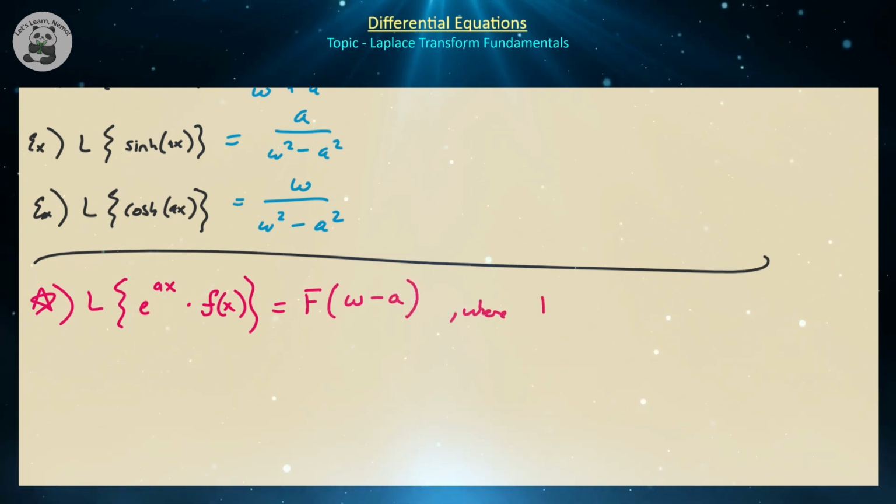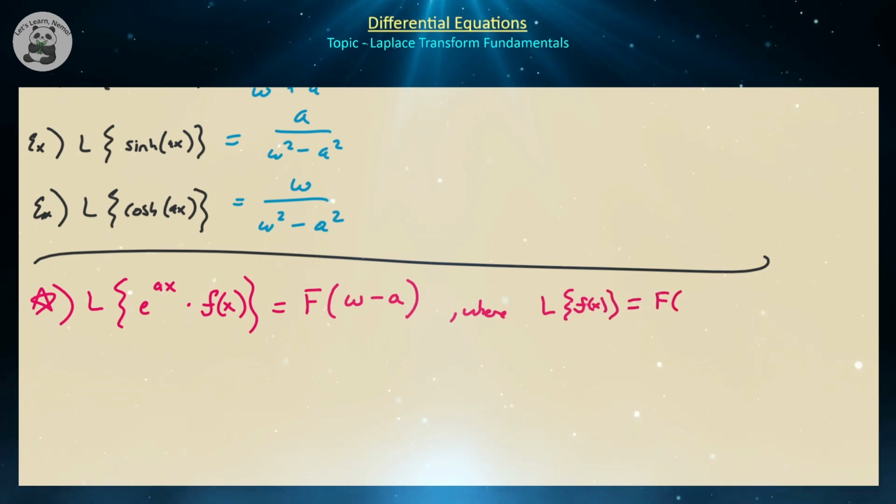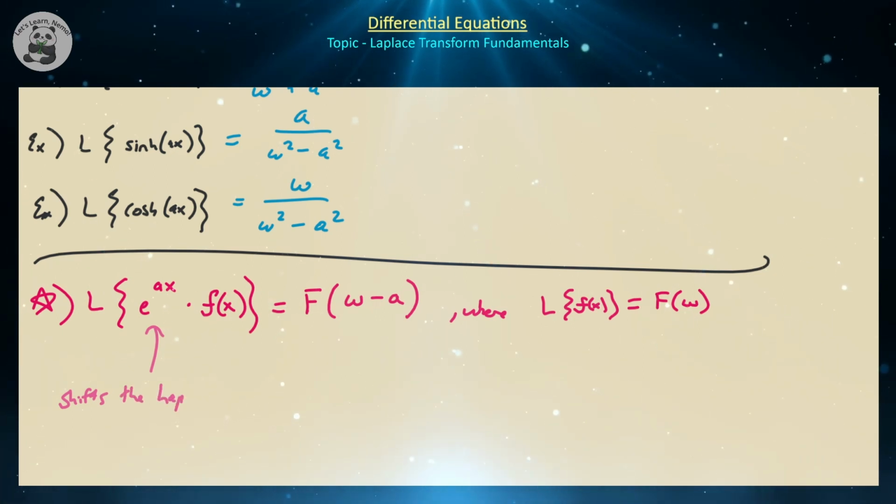So here, the Laplace transform of f of x is equal to capital F of omega. So what we have here is multiplying a function by its exponential and then taking the Laplace transform of it is the same as just doing a horizontal shift of the Laplace transform.